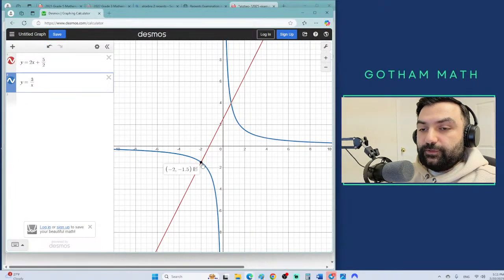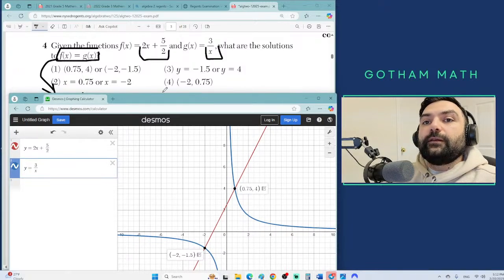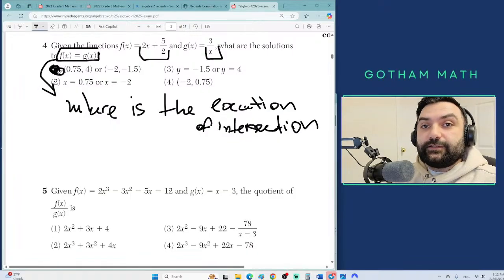What are the intersection points? -2 and -3/2, and 0.75 and 4. Now, where are these answers? At the question, answer 1, right? Yeah, here. That's it. This means where they intersect, and here you just give them where they intersect.